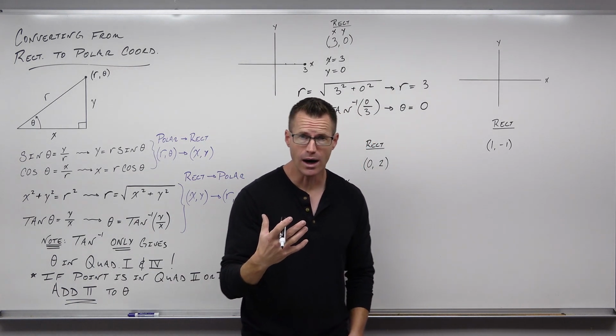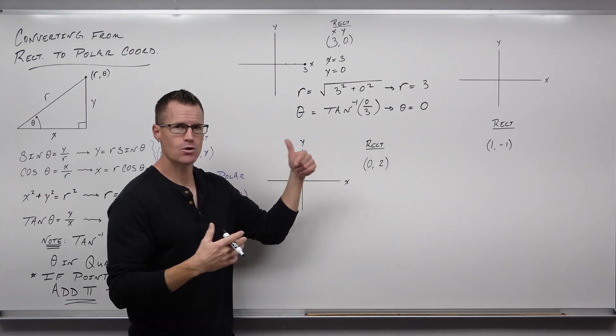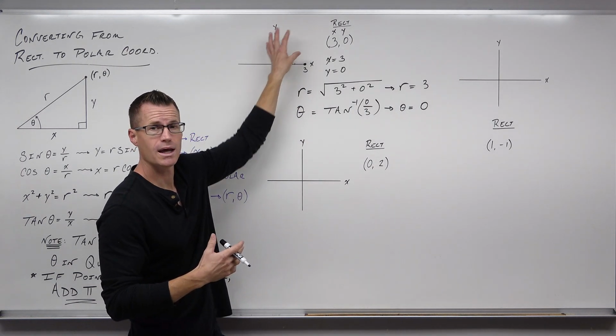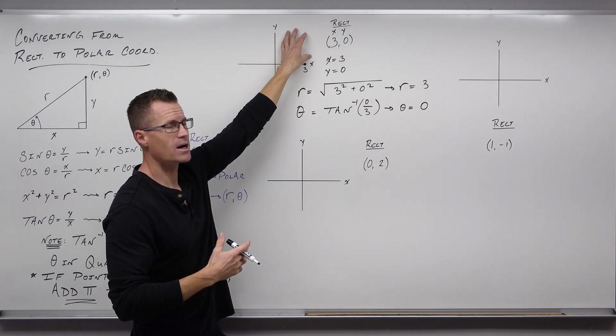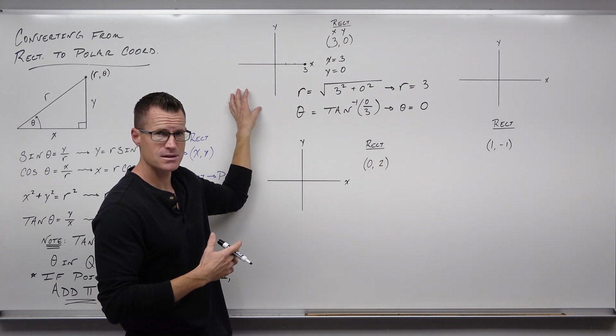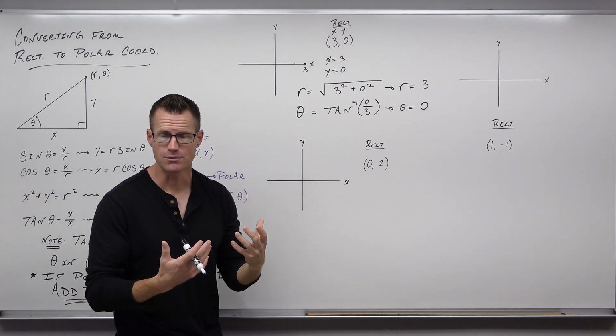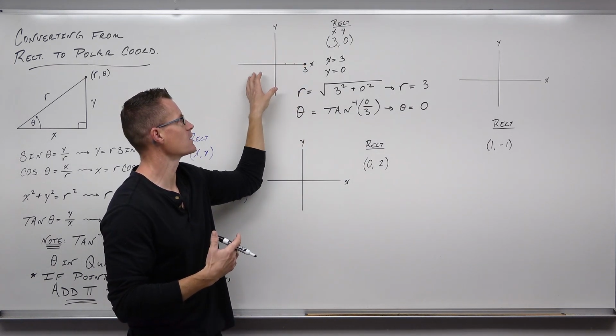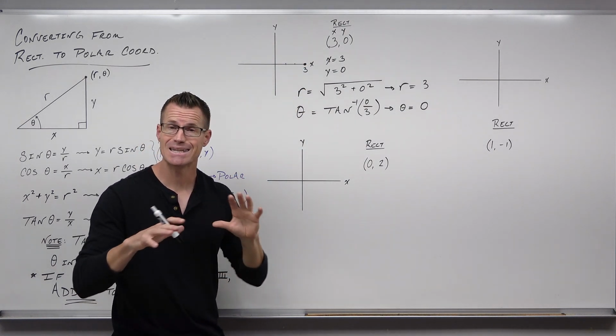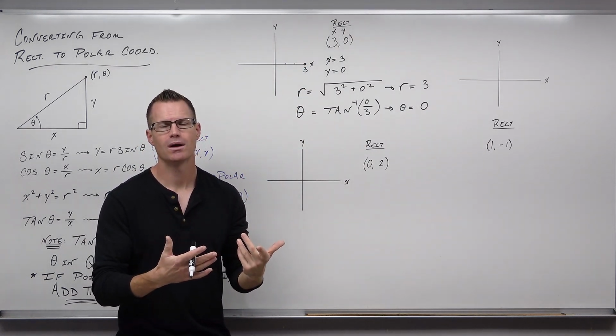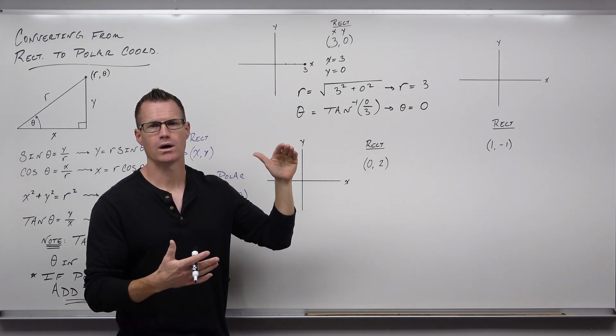That's exactly why tangent inverse can't give you out both something in quadrants 1 and 3. Positive y positive x and negative y negative x, when you put them in a fraction, work out the same. They're both positive. That's why tangent's positive here and here, and why tangent inverse cannot give you out both. It will only give you out things in quadrant 1.